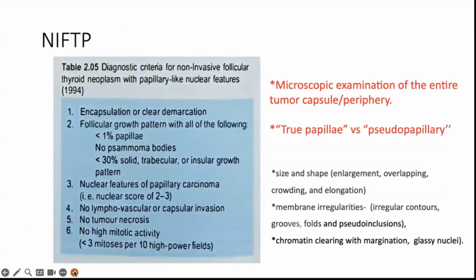So, starting with NIFTP, this is an old criteria which had come forth in 1994, with encapsulation or clear demarcation and follicular growth pattern, with all of the following: less than 1% papillae, no psammoma bodies, and less than 30% of any other variant. The latest classification actually says no papillae should be present.